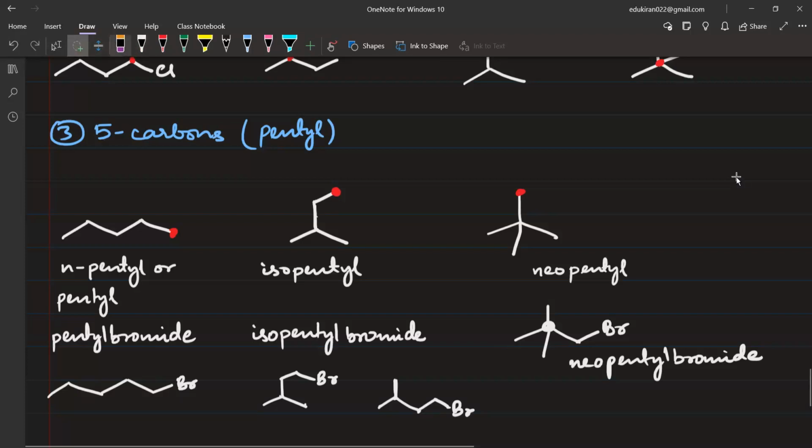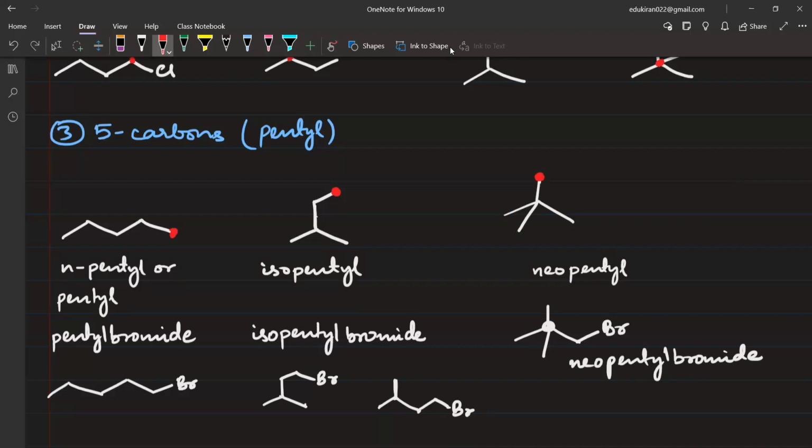Pent means you should have 5 carbon atoms, and any one of these carbon atoms can be the point of attachment. We can take this carbon also, because all the carbon atoms are same, no? All of these are CH3 unless you attach something. Or here.